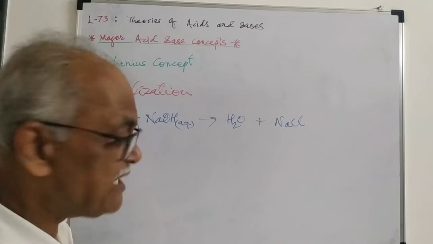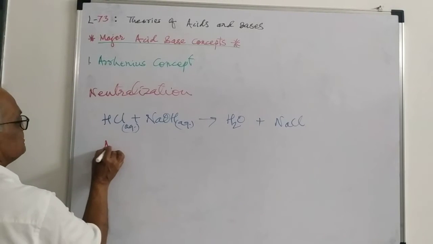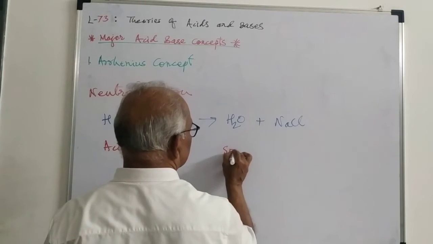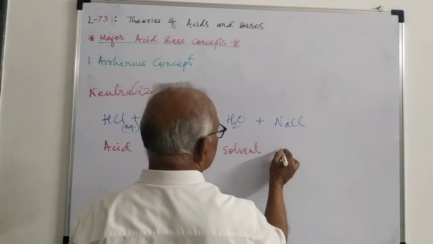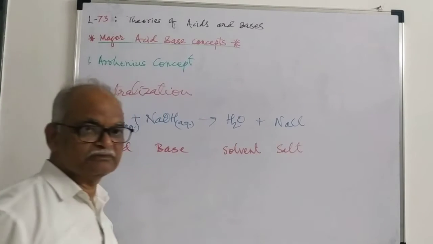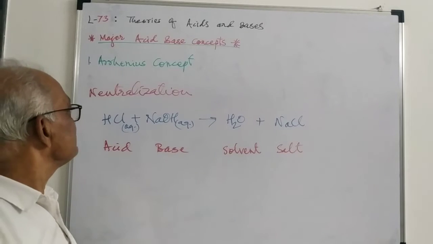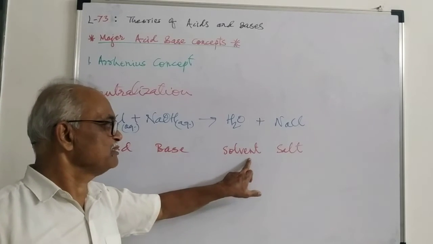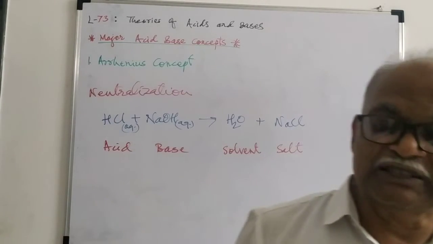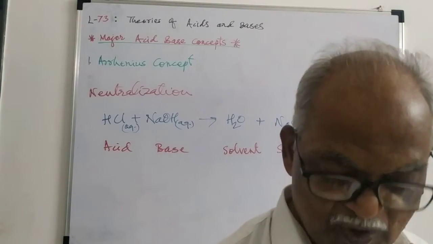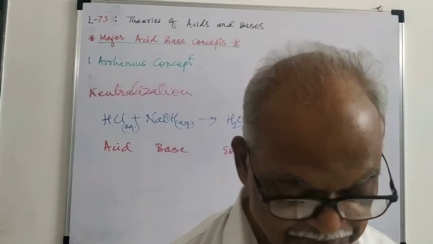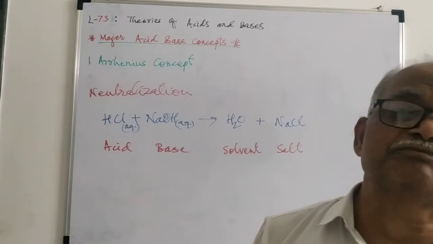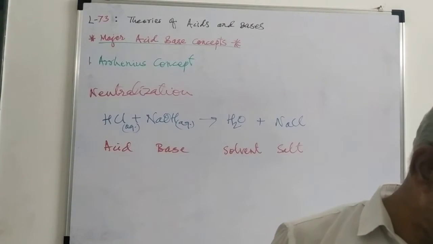In short, when an acid reacts with a base in water, it gives solvent, that is water, and a salt. So here the water is undissociated. This is called a neutralization reaction, also a characteristic reaction of acid-base nature.